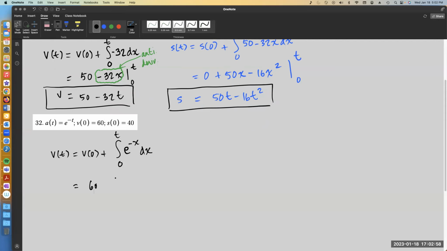All right, here is another reverse chain rule. You could use u substitution, u is equal to minus x, so du is minus dx, absolutely. But this is a linear substitution, and when we have linear substitutions in this class, we are going to reverse chain rule.